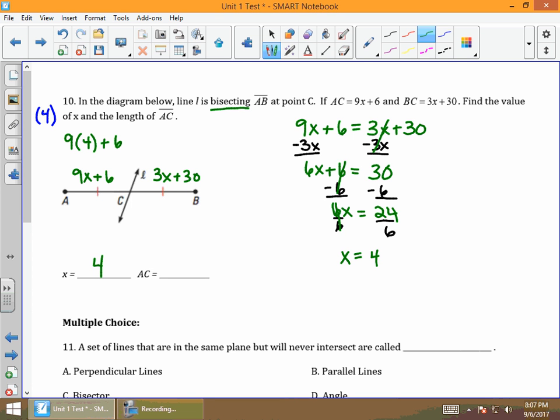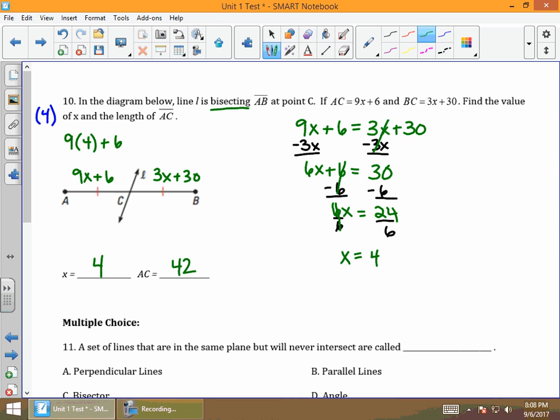Well, 9 times 4 is 36, plus 6 is 42. So 1 point for the setup, 2 points for solving it and getting x to be 4, and then 1 point for plugging your answer for x in and finding AC to be 42. So that problem was 4 points.